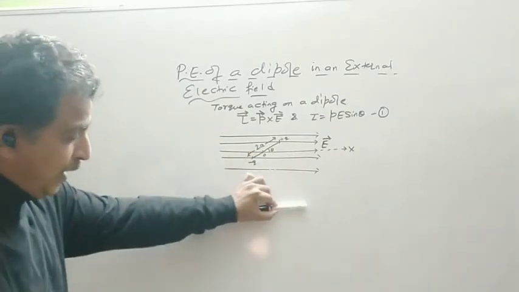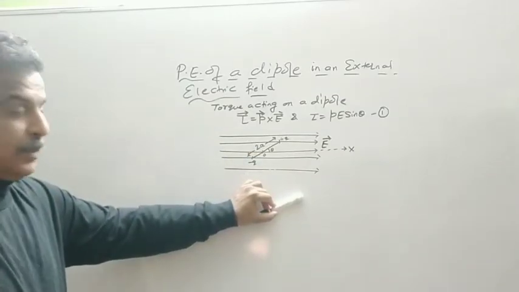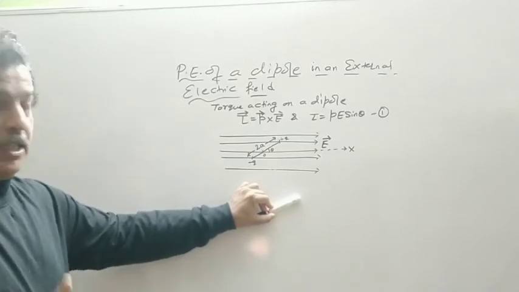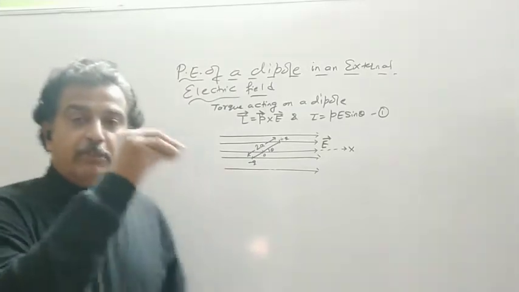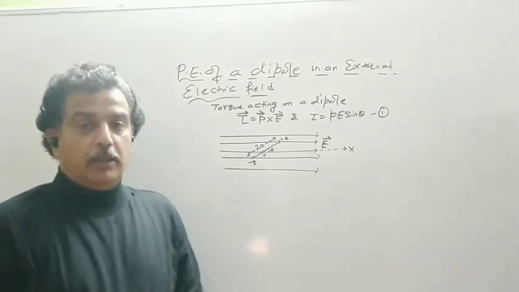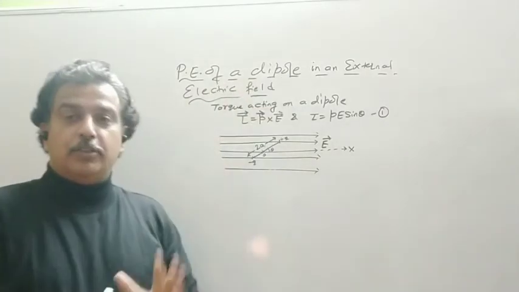But where do you have to take it? To 30 degrees, so you will have to spend energy. Whatever energy you spend, that energy will be stored in the dipole and it will be called the potential energy of a dipole.